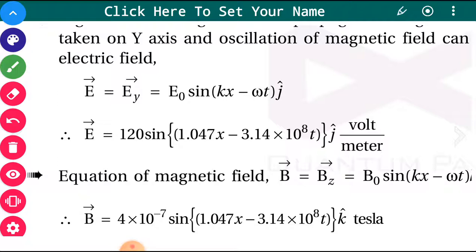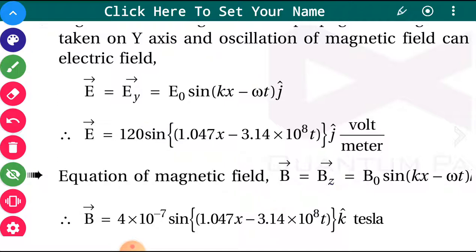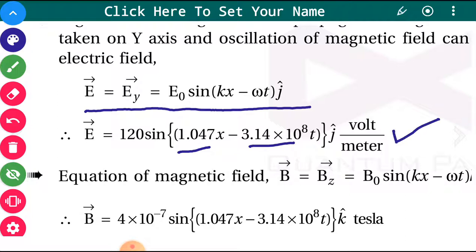So E has its electric field vector oscillating in the y direction, so it has a y component. We can say Ey is equal to E0 sine (kx minus omega t). k is already calculated, omega is already calculated. You just have to place those values and write the correct unit, volt per meter.